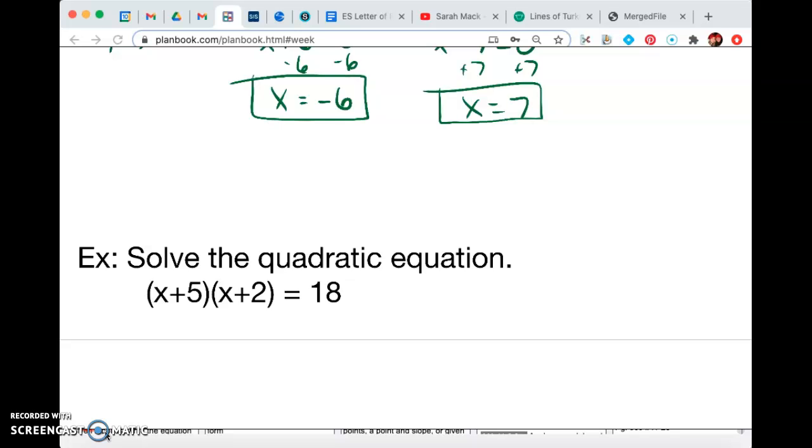It's already factored, but it's set equal to 18 instead of 0. For us to use the zero product property, it has to be 0. So that 18 is problematic. We're going to need to move that over to the left side. So subtract 18. Okay, so x plus 5, x plus 2, and then minus 18 equals 0. But now do I have a product?